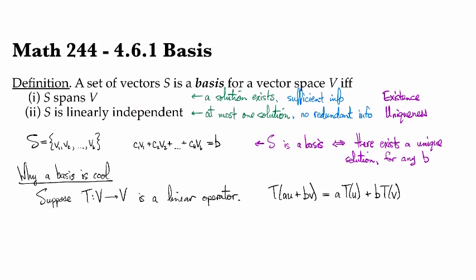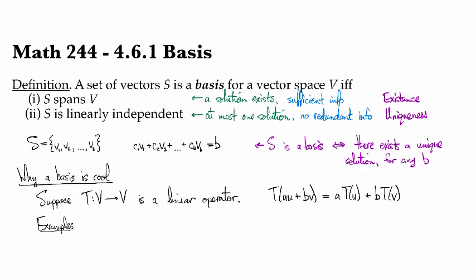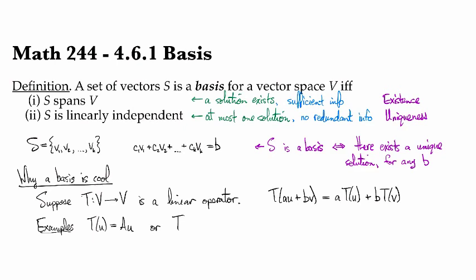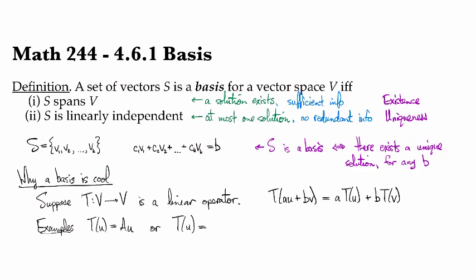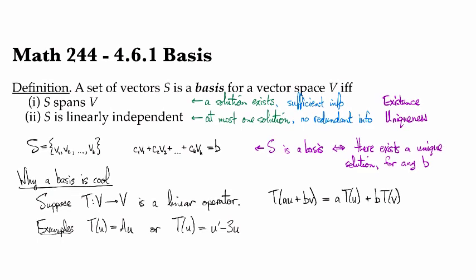The fundamental examples that we're working with are the linear algebra example, multiplication by a matrix, and the differential equations example, which is some linear differential operator, like the first derivative minus 3 times the identity, as I've written right here.